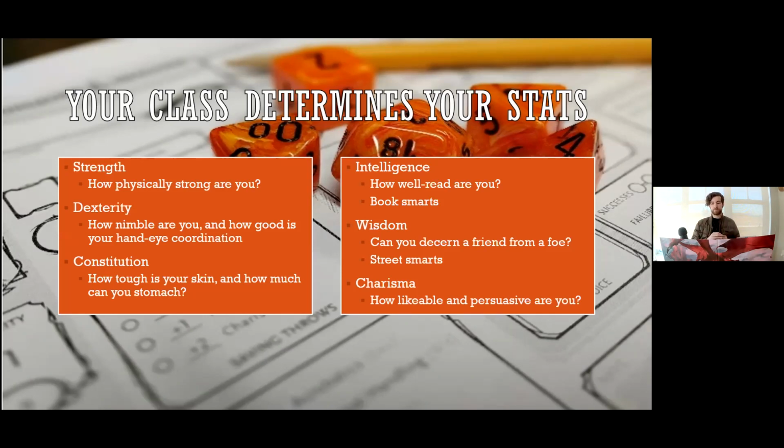Wisdom, however, is more so things that you know just from experience. It's the thing that's going to allow you to discern a friend from a foe. It's your street smarts. And then lastly, charisma. It's how likable and persuasive you are. The more charisma you have, most likely conversations are going to end up more in your favor.